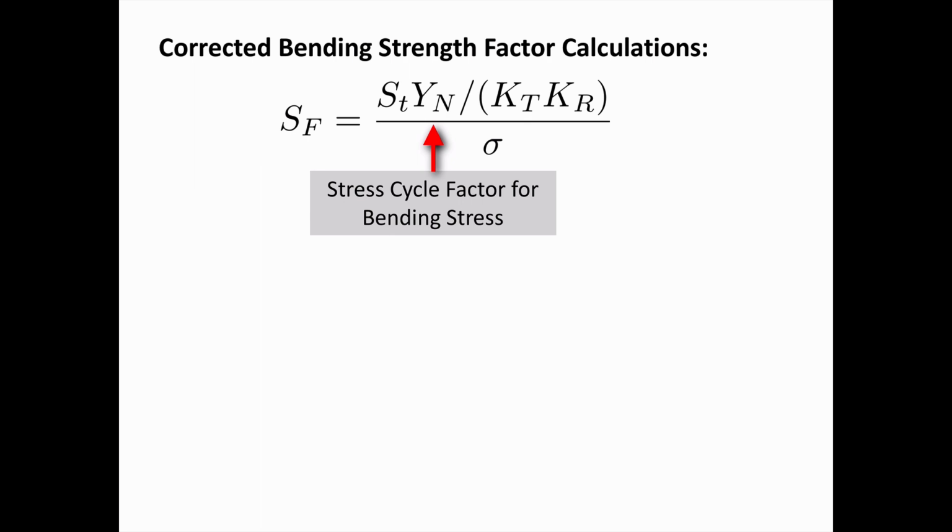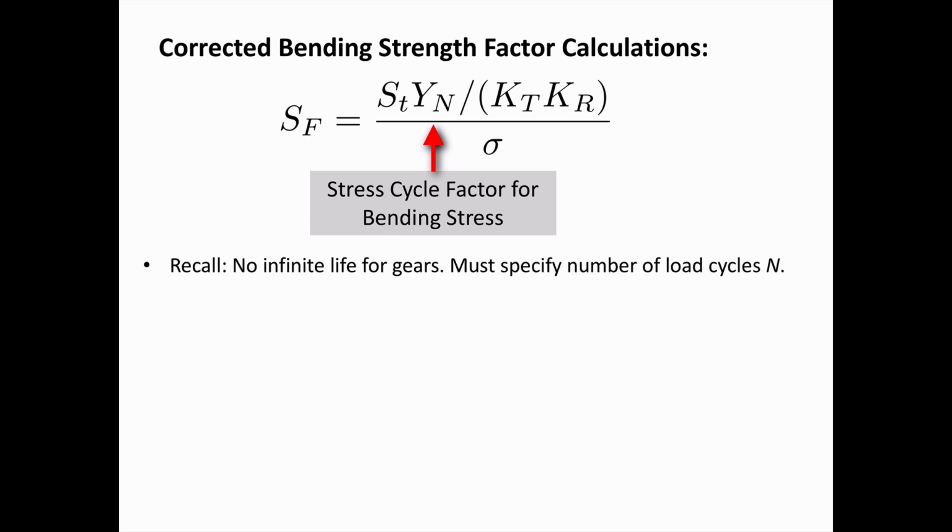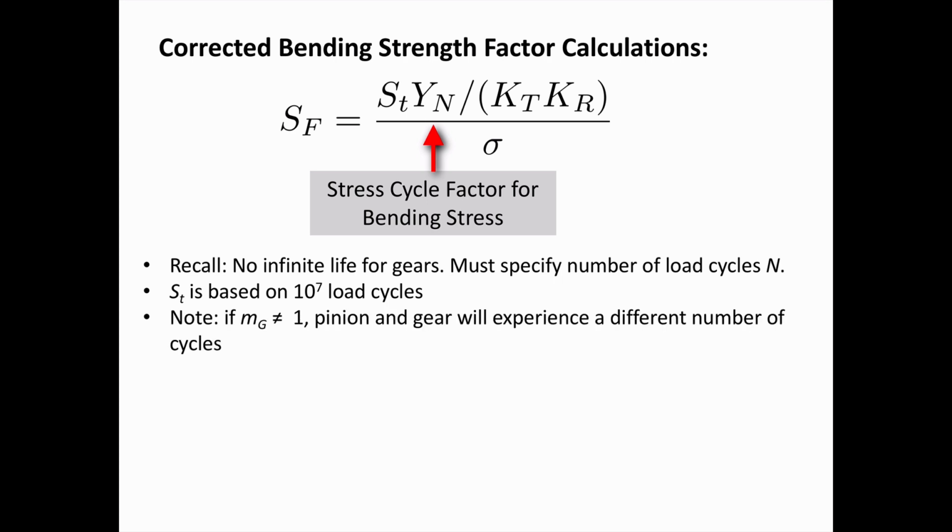Okay, on to the next factor, the stress cycle factor for bending stress. So remember, with gears, we don't have this infinite life property. So we always need to specify a particular number of load cycles, or N. The strength is based on a particular assumed life of 10 to the 7th load cycles.